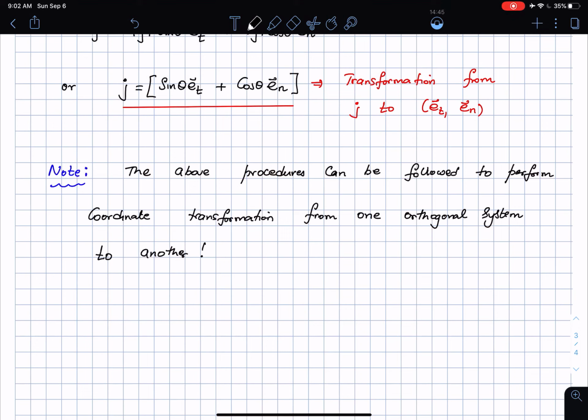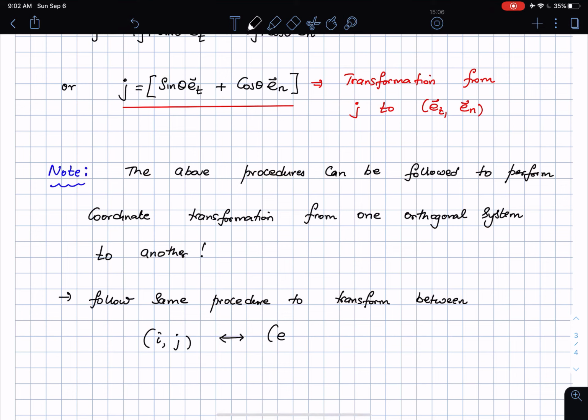So this means that I can follow the same procedure to transform between I and J to Et En. I can transform that to Er E theta. All of these can be done backwards as well.